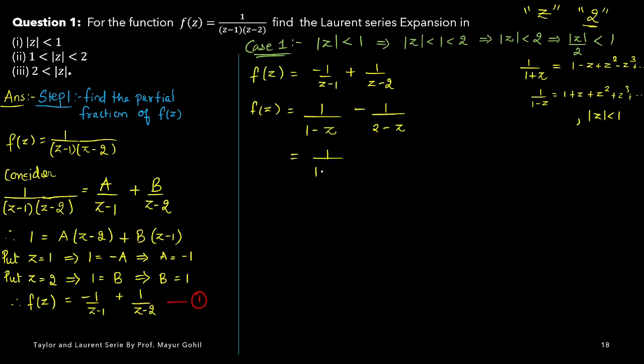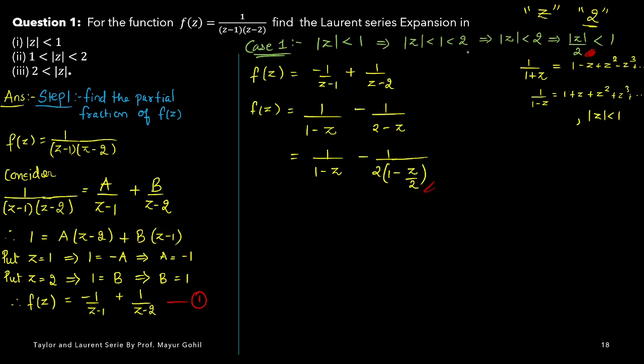So I get 1 upon 1 minus z, and when I take 2 common over here, I get 1 upon 1 minus z by 2. Now observe carefully. I have established mod of z by 2 less than 1 in my partial fraction format. Can you see z by 2 has come here?